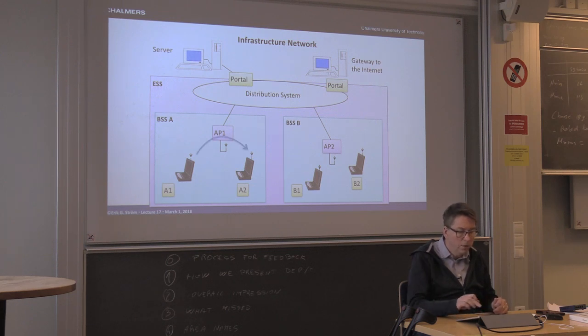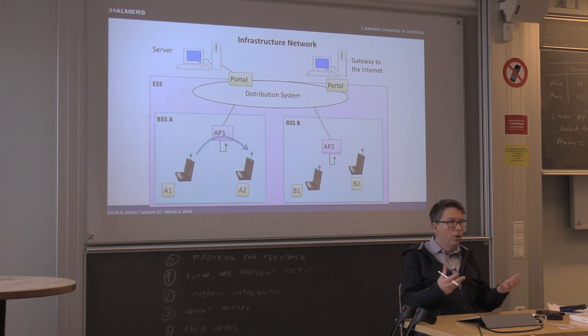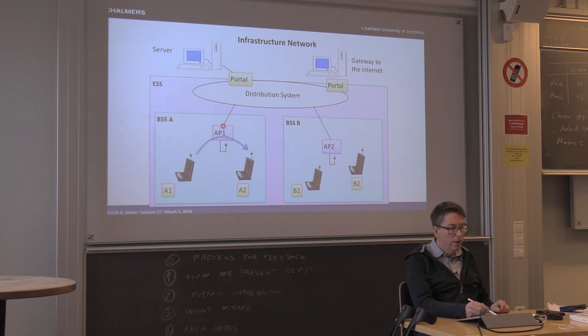Okay. Yes? Those access points, are those like antennas and base stations? Yeah, very similar to this. They have antennas and radio hardware, and also a means, typically an Ethernet port or something like that, to connect to a distribution system.